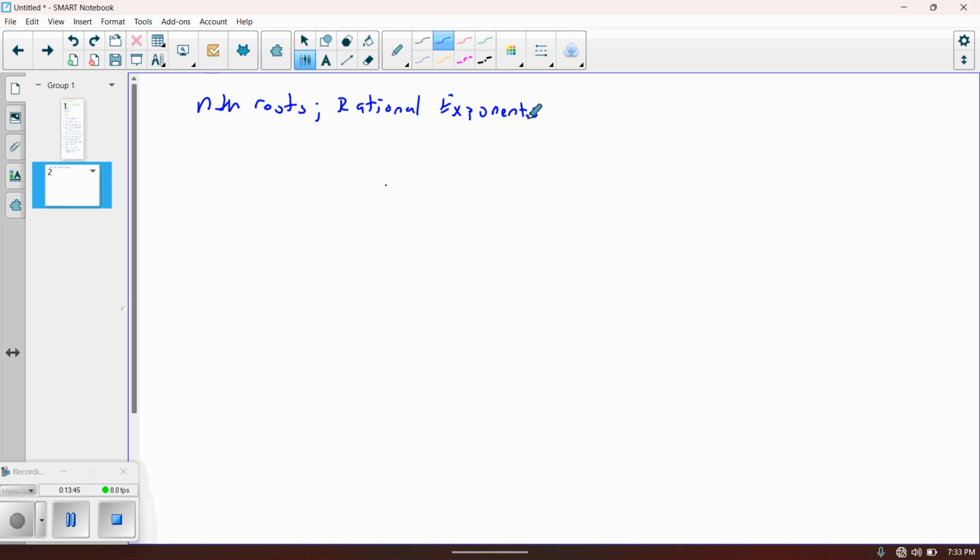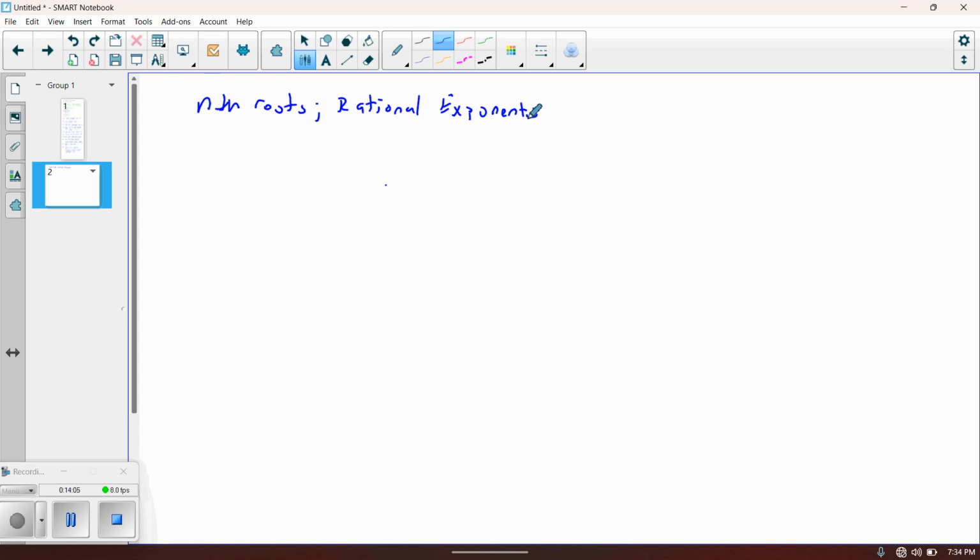So nth roots, we're used to using square roots. Hopefully most of us are used to using cube roots. But they could be any whole number in the root that we want it to be. It could be a 4th root, 5th root, 6th root, and so on. So those are nth roots.